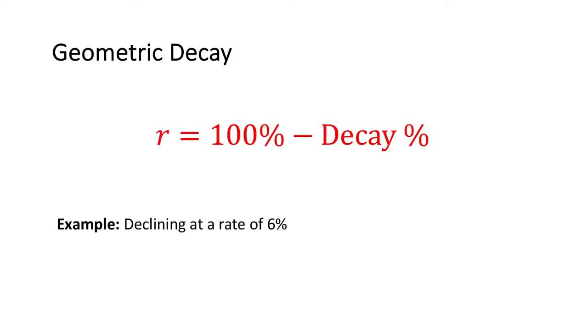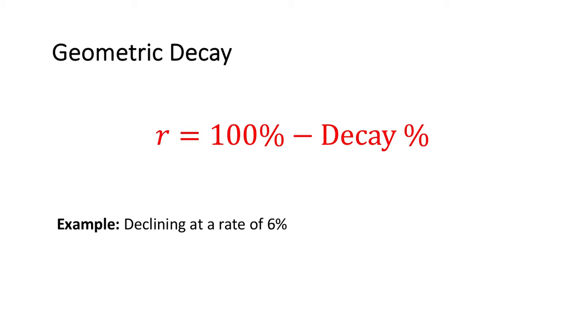So when we are looking at decay scenario questions and we need to be calculating our R value, we're going to calculate it by taking away the decay percentage from 100%. So we're going to end up with an R value of less than 1. Having an R value of less than 1 means that our numbers are going to be decreasing each time we apply that R value, which is what we want, because when it's decaying, our numbers are decreasing.